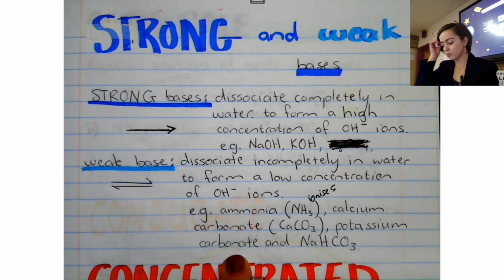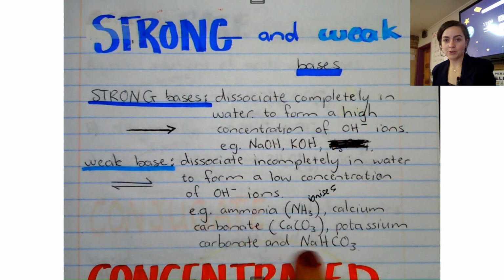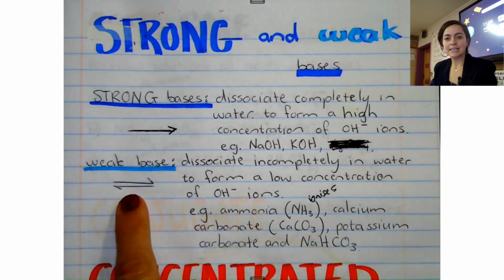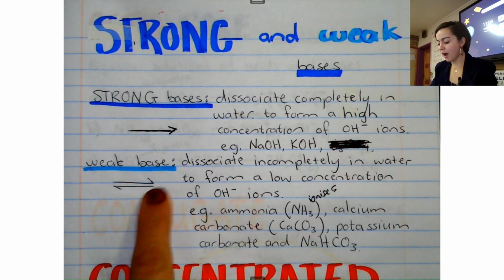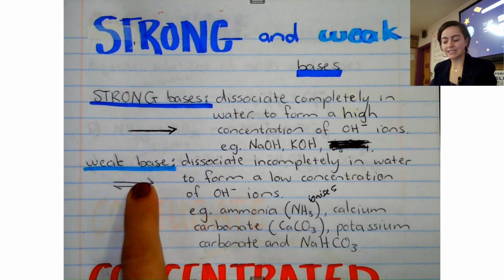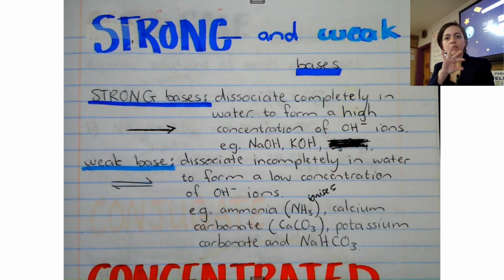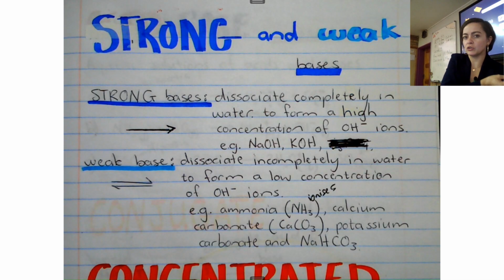Potassium carbonate is a weak base, and also sodium hydrogen carbonate is a weak base. You'll again find that there is a double arrow there, which indicates that not all of it will be in its dissociated form. You'll still have some base left in the aqueous solution with some of it having dissociated.